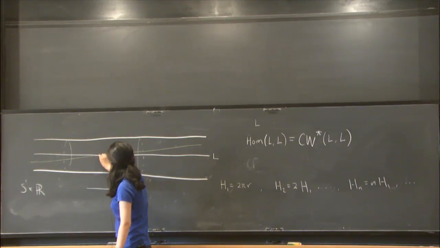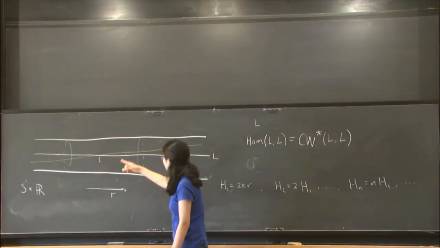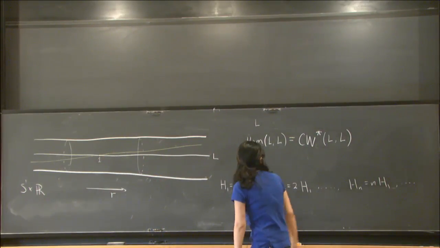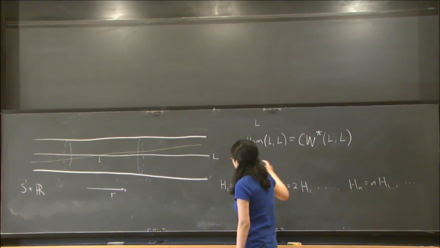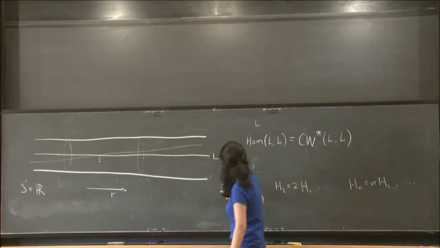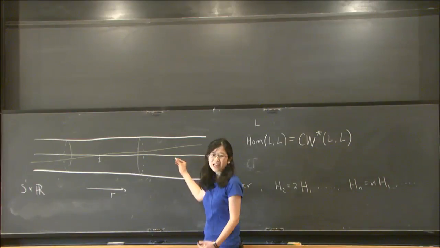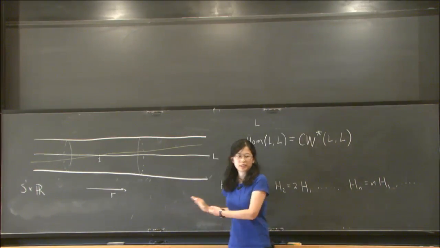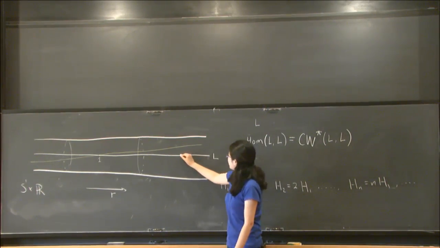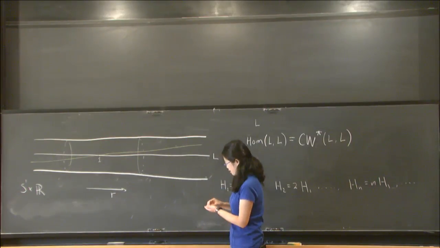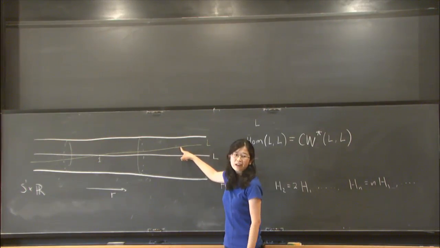I'm going to label this one 1, just a random label for now. What are the generators? By definition, they are the time-1 Hamiltonian trajectories that start in this L and end in that L.